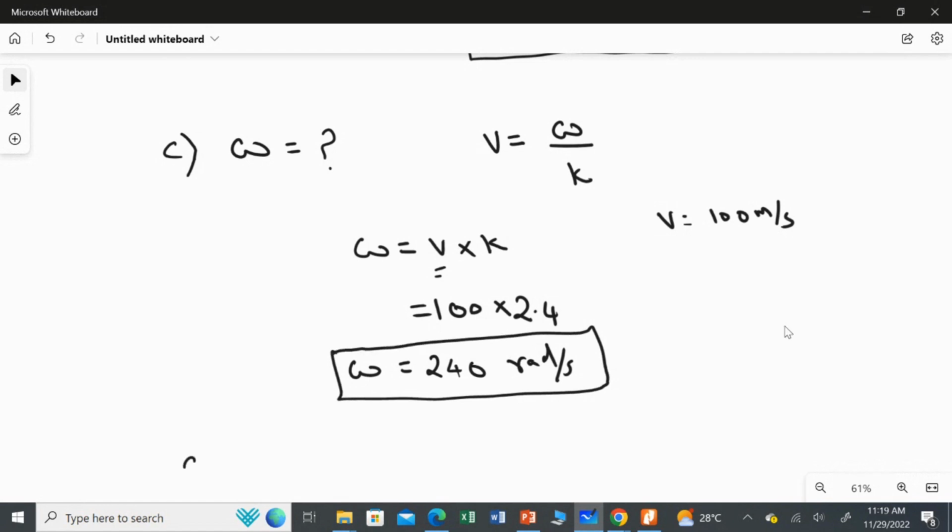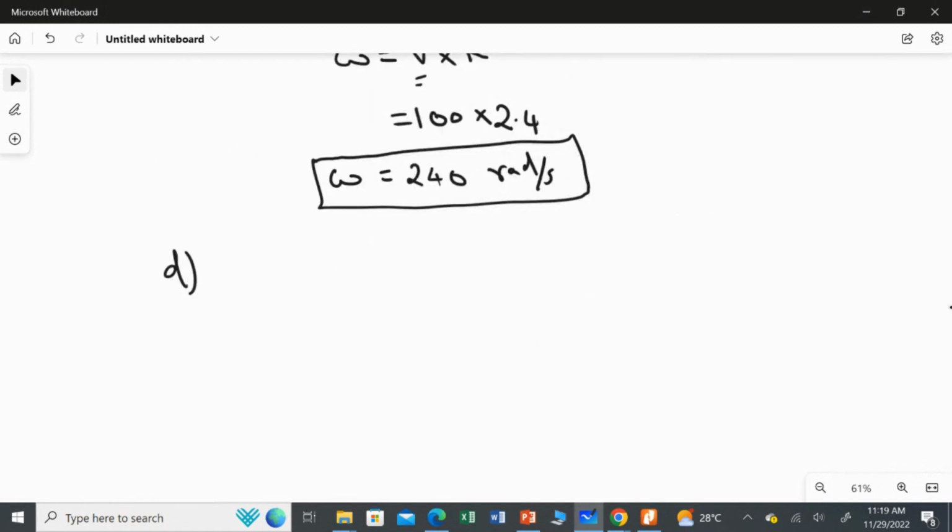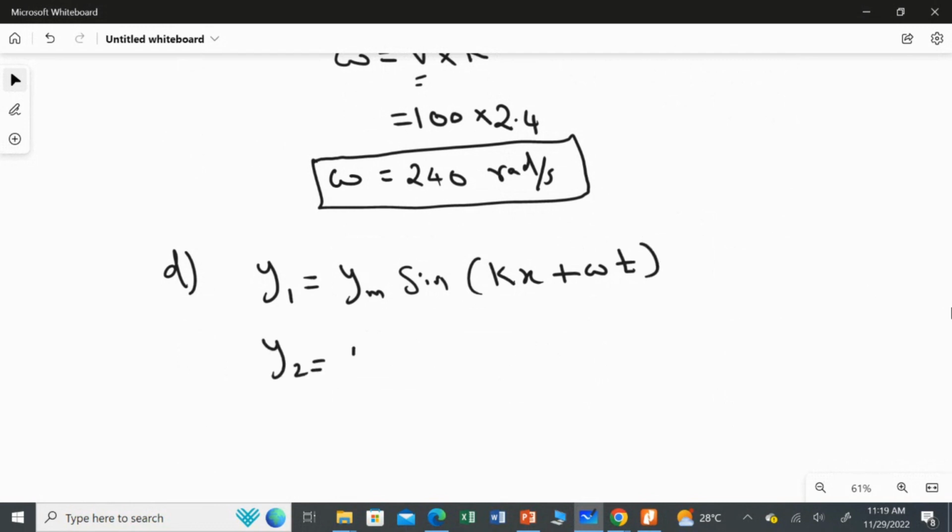And the fourth question, I told you, we have to find what should be the sign in front of omega. Because in the question they mentioned the first wave equation. What is the first wave equation? They mentioned y_m sine of kx plus omega t. This equation they gave in the question, right? But what is the second wave? Second wave we wrote as y_m sine of kx minus omega t.